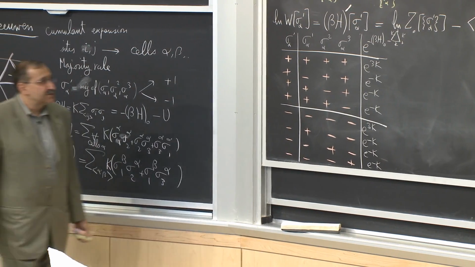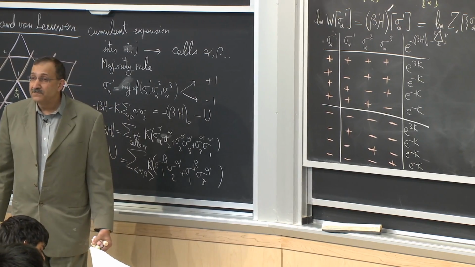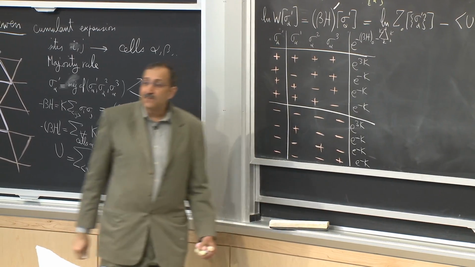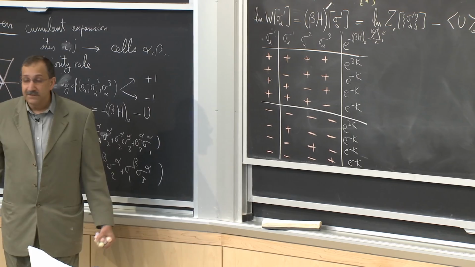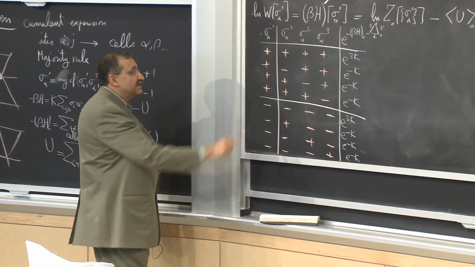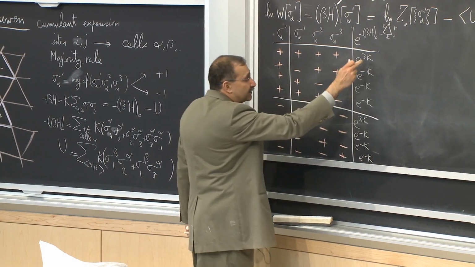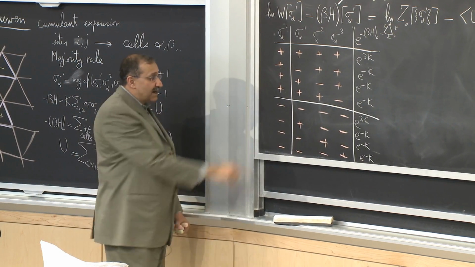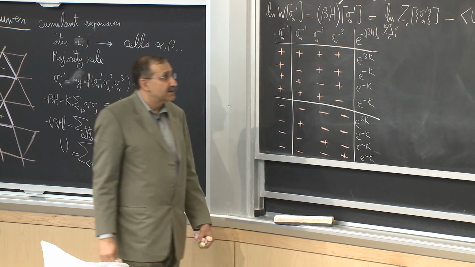So once I have specified what my cell spin is, the contribution to the partition function is obtained by summing over contributions, things that are compatible with that. So what is it if I specify that my cell spin is plus? The contribution to the partition function is e to the 3k plus 3 e to the minus k. It's actually exactly the same thing if I had specified that it is minus.